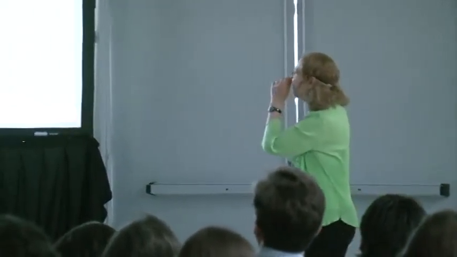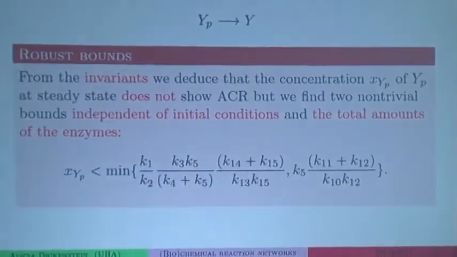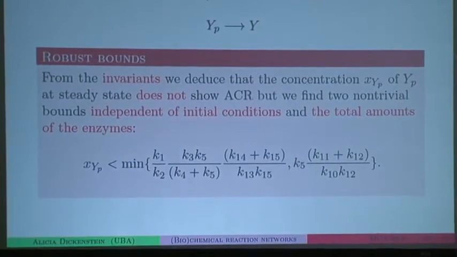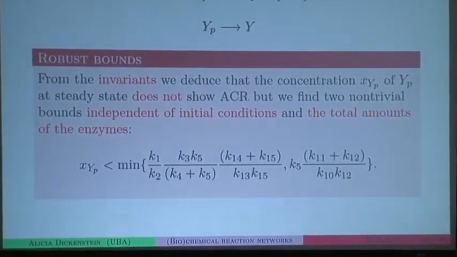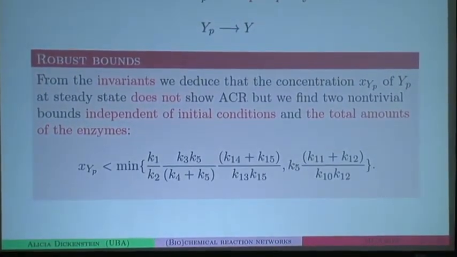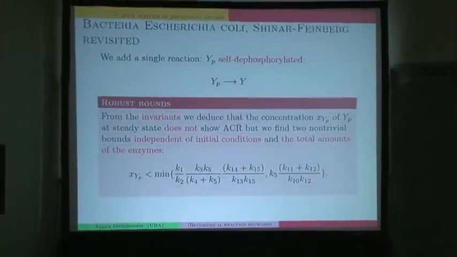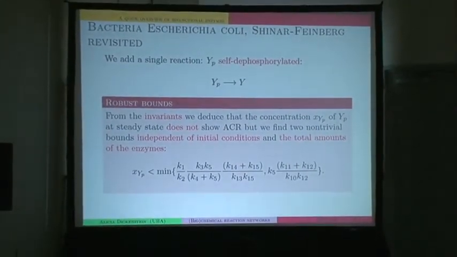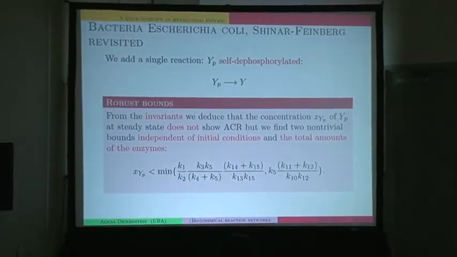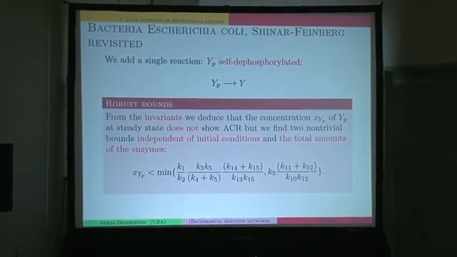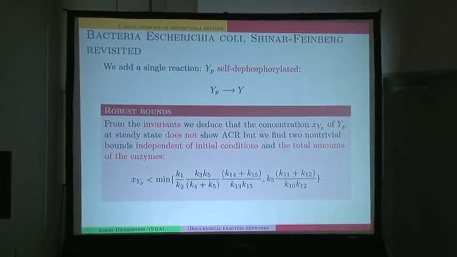What we did is we took this system by Shinar and Feinberg, which represents a mechanism in E. coli bacteria. We added just a single reaction: we assumed that YP can be self-phosphorylated. This is why it was this object that was constant.